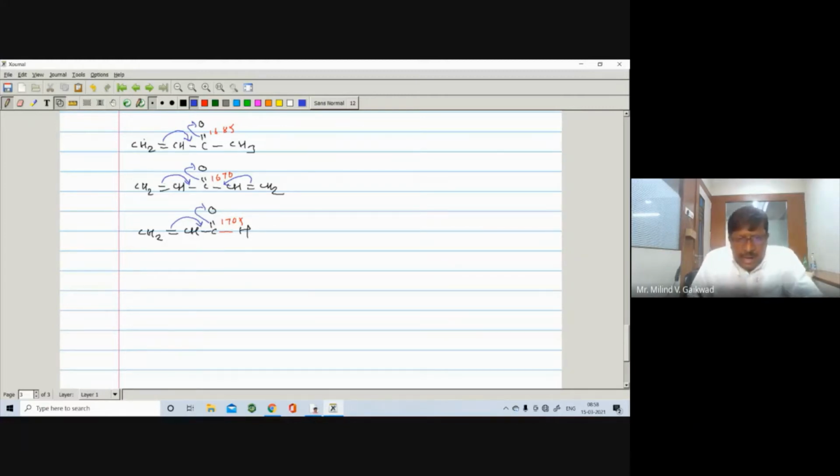If you compare two compounds, suppose I write 1, then 2, and then 3, and I take 1 and 2, there is the presence of two pi bonds, and they are involved in delocalization.